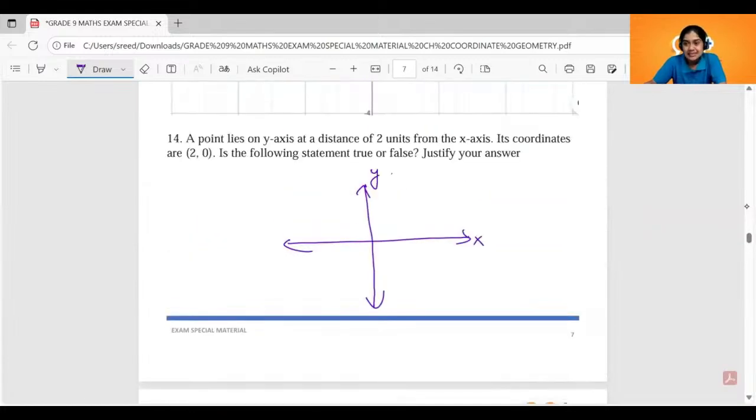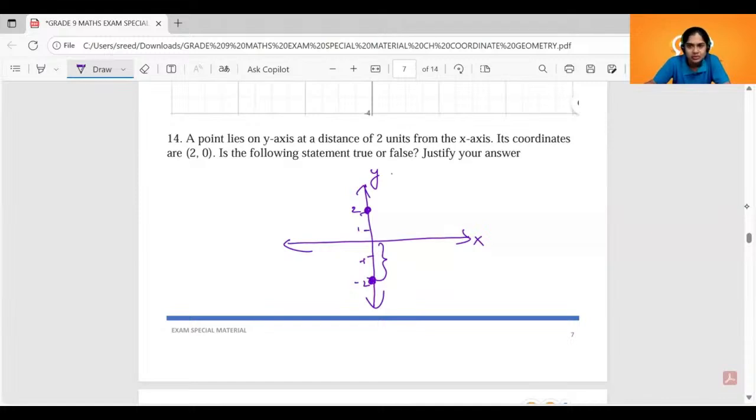Either it's at a distance of 2 units, so it can be over here, like 1, 2, or the point can be at -2 also, because it is also at the distance of 2 units. Distance is always said in positive only, right? So these two are the possibilities.